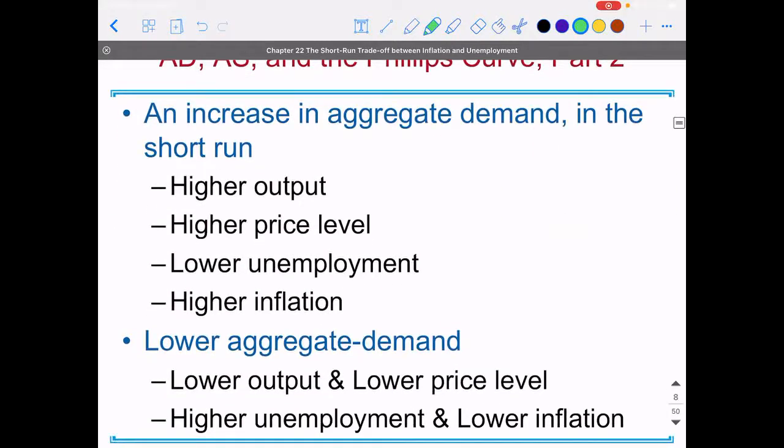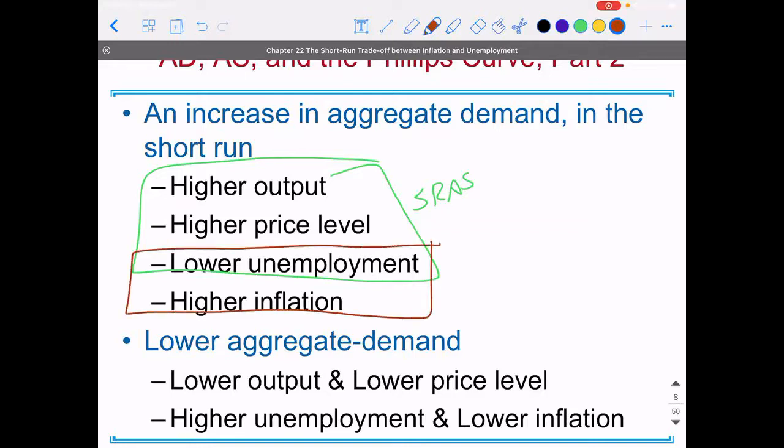As you shift the aggregate demand curve, as you increase the aggregate demand curve, because of the short run aggregate supply curve, you cause higher prices and also lower unemployment. Well, in essence, actually, I shouldn't go that way. It's really, you get both of those.